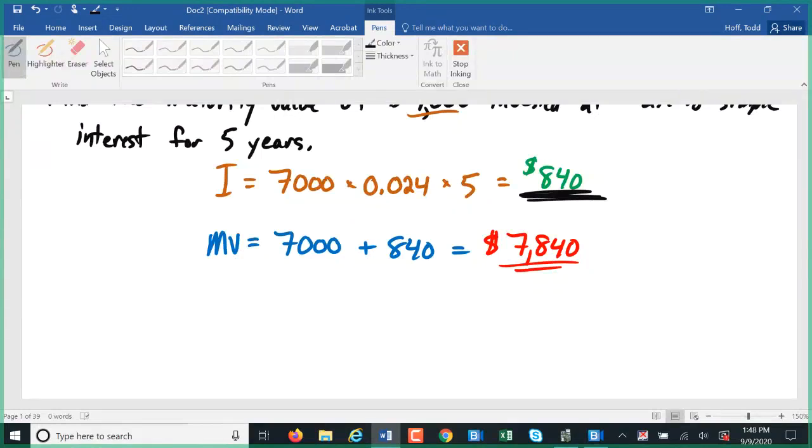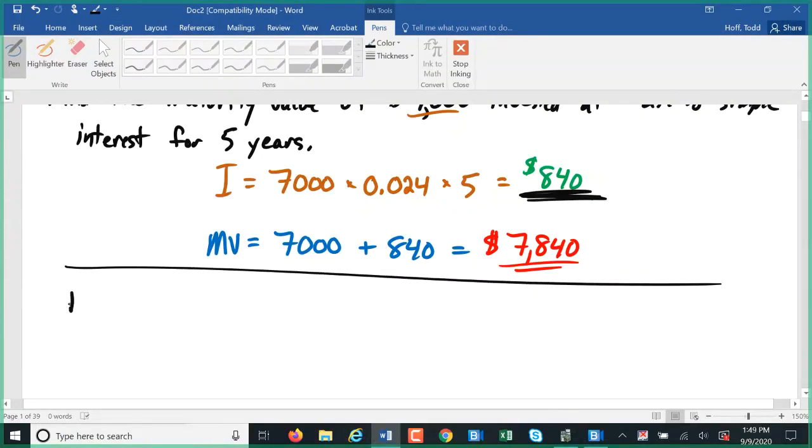Some banks will only go 3 months without doing something else. Others will go up to 6. But very seldom do they go more than 6 months with simple interest. So let's look at another example here.